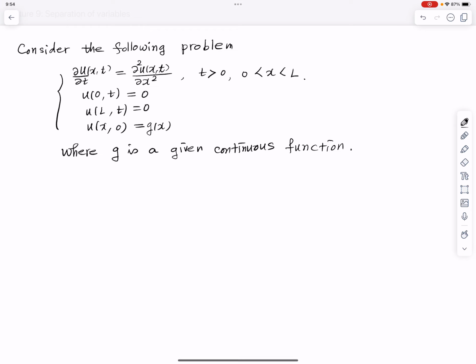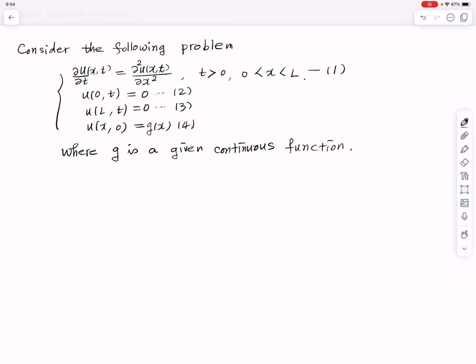Let's say first equation numbering 1, second condition 2, third one 3, 4. Here we want to get a solution of these equations.